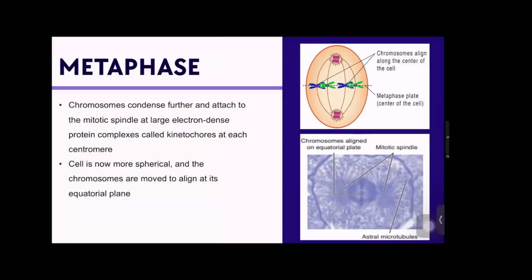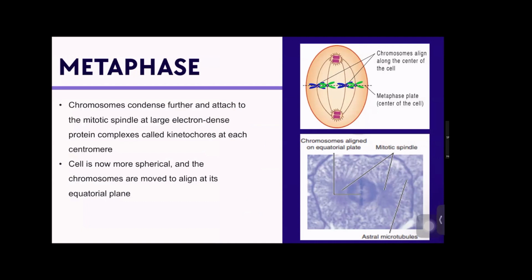In your metaphase naman, class, your chromosomes would condense further and attach to the mitotic spindle at large electron-dense protein complexes called kinetochores at each centromere. So these chromosomes, again, magla-line up sila sa iyong metaphase plate, the center of your cell.